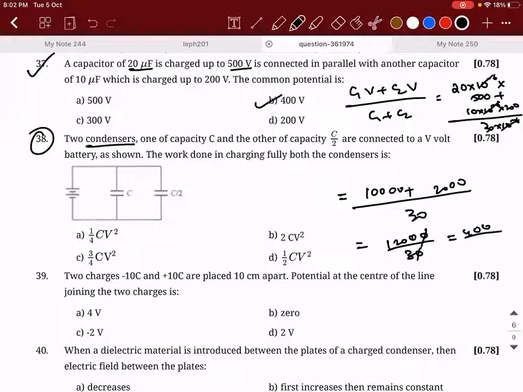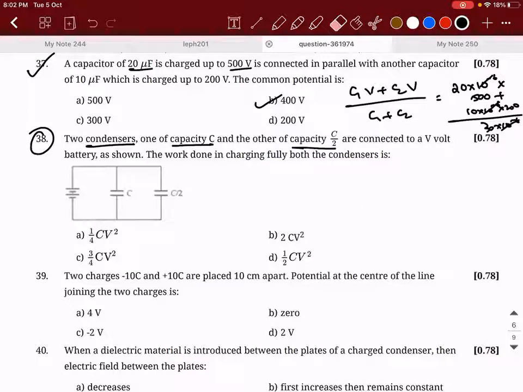38. What is the answer? Two condensers. See, condenser is another name for capacitor. I hope everybody knows this. So two condensers, one of capacity C and the other of capacity C by 2, are connected to a V-volt battery. The work done in charging both the condensers fully is how much? Option C, sir. So how did you do?